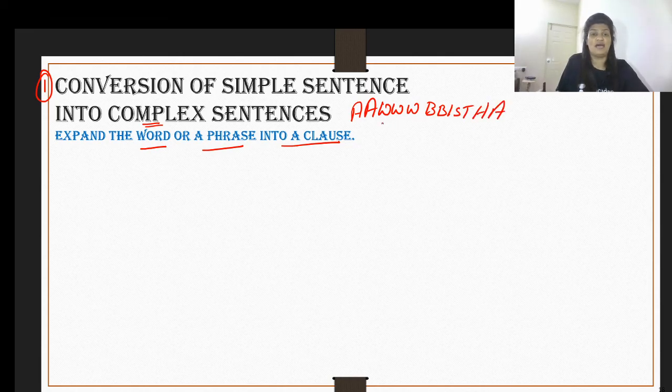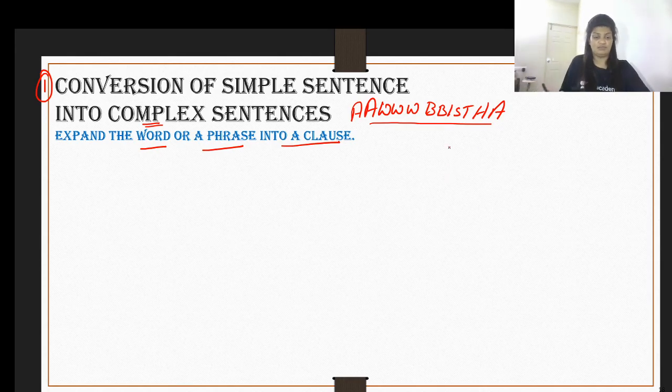Remember the acronym AUBISTA. These are our subordinating conjunctions. And because we are converting simple sentences into complex, these are the conjunctions that we are going to need. These are the conjunctions which define whether the statement is complex or compound.